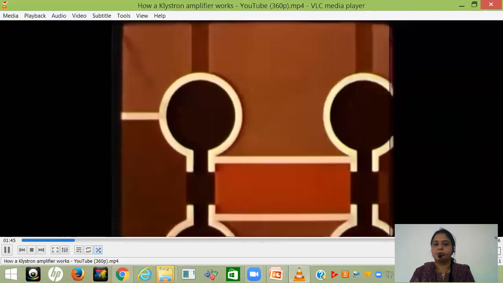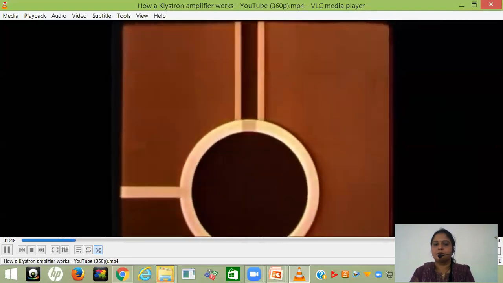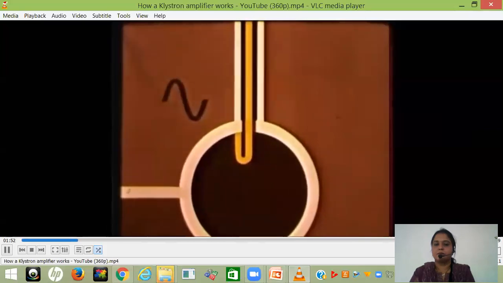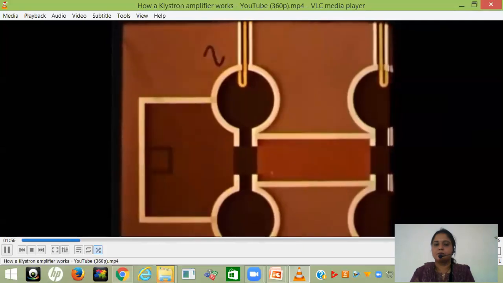In reality, the first cavity resonator is supplied with the weak high-frequency signal which is to be amplified. This signal will initiate an electromagnetic field inside the cavity. Due to this field, the velocities of the electrons passing through the first resonator are modulated.